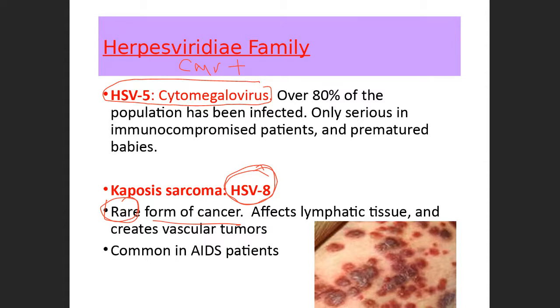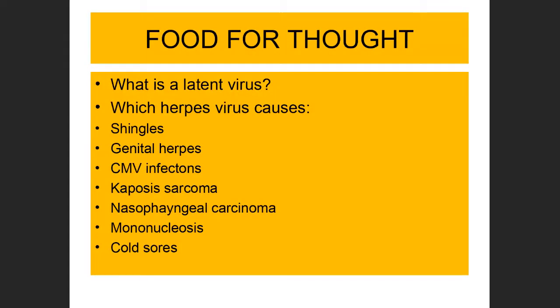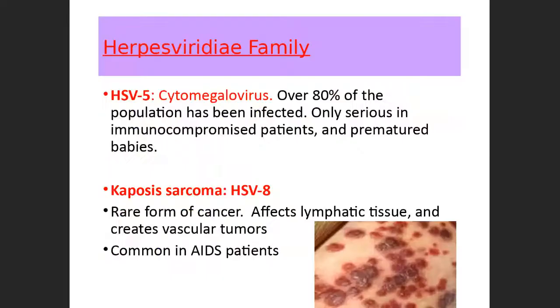Because an AIDS patient is severely immunocompromised, an incredibly common virus that is everywhere and that we're pretty much all exposed to, but that our immune system takes care of, causes an infection in severely immunocompromised patients. So this is one of the infections that is common in AIDS patients, the Kaposi sarcoma infection, the CMV infection.